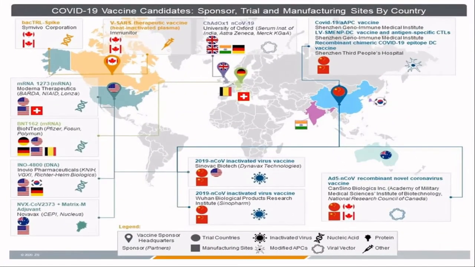This is a map of the overall forerunners in the race of vaccine development. You can see North America, India, China, UK, Germany, and Australia. These are a few countries in the race for development of vaccines, and you can also see their strategies.